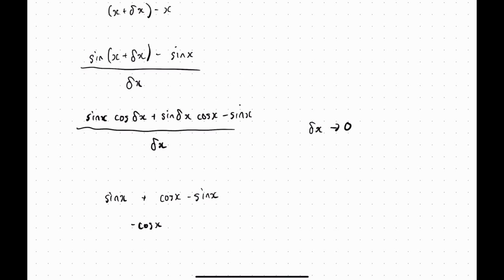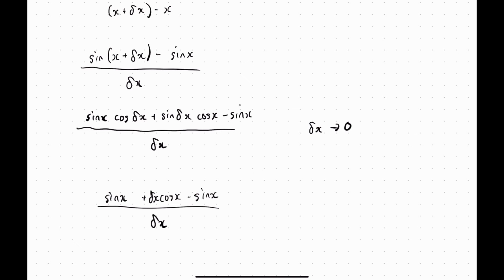Oh, right, sorry. They say as sine delta x approaches 0, it approaches delta x. So you end up with delta x over delta x, there we go. Sorry. Because sine delta x is approaching delta x. If delta x is approaching 0, sine x is 0, right?